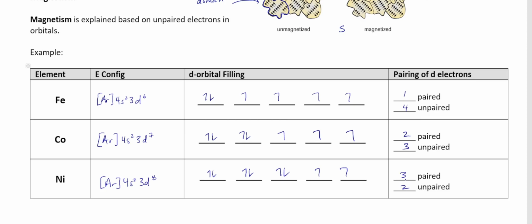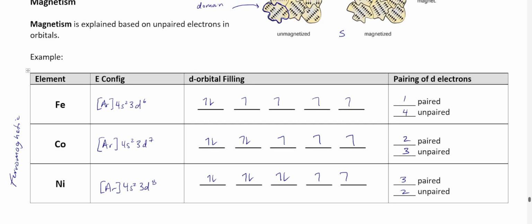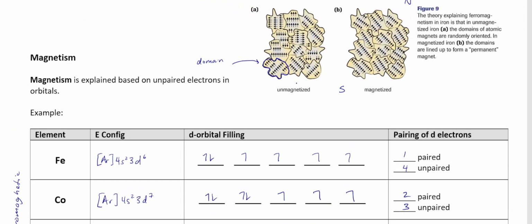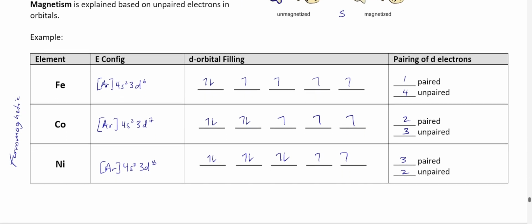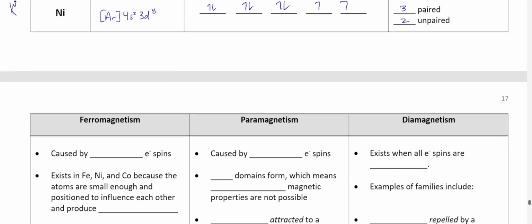These 3 elements are known as the ferromagnetic elements. These elements are the only ones where their solid structure allows them to produce domains. There's another element as well, but we're not going to get into it.